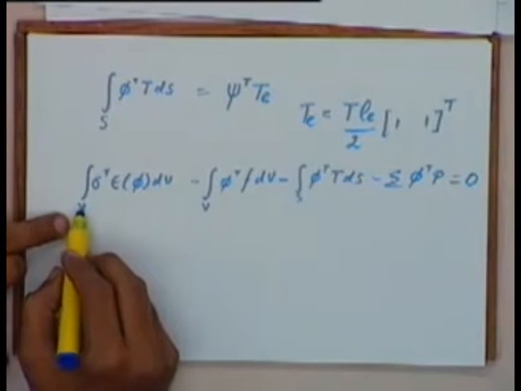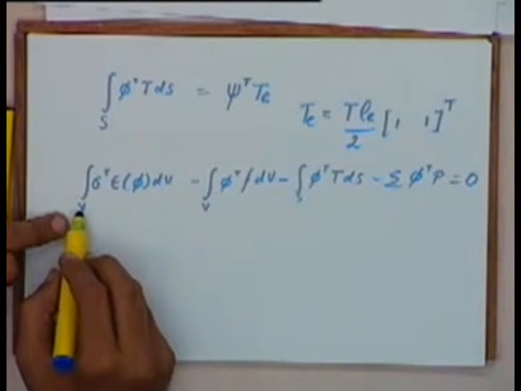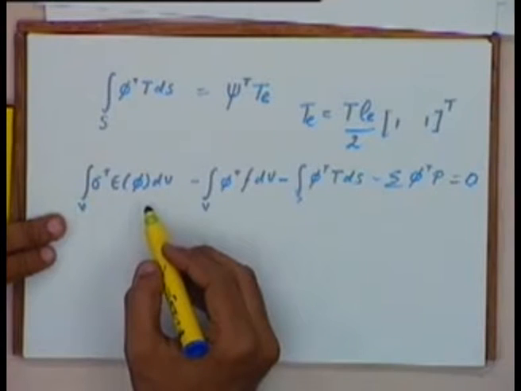Okay, now this is the integral over the complete volume. So the integral over the complete volume will be the same as the summation over the integral of each of the elements.